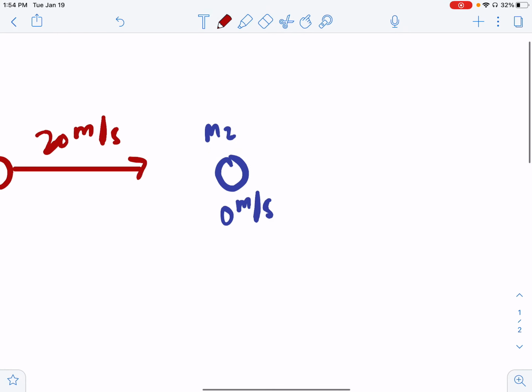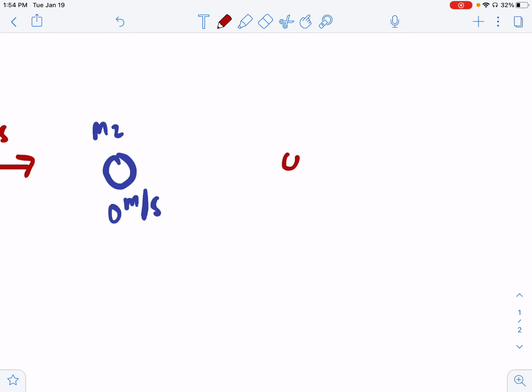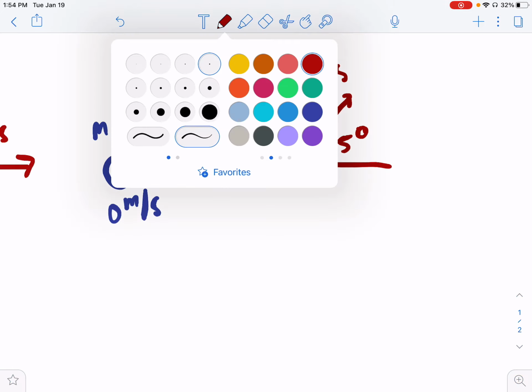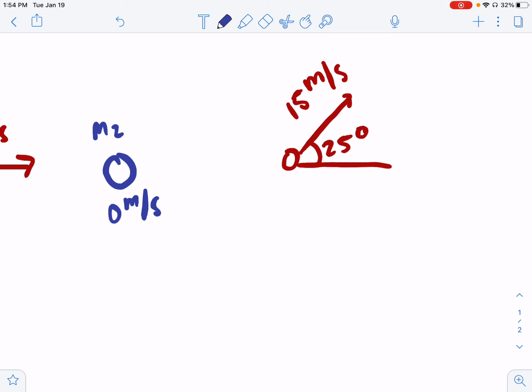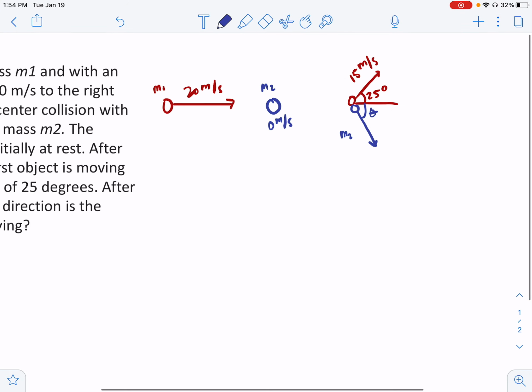After the collision, the red one, the initial one, is going to go up at an angle of 25 degrees, and it has a final velocity of 15 meters per second. We know just from seeing collisions that the momentum has to cancel, so we can make the assumption that the blue guy is going to go down at this angle. And this is what we're going to be solving for, the direction.